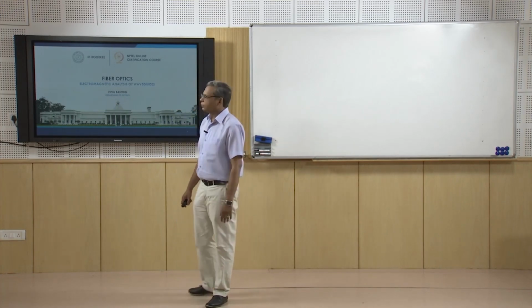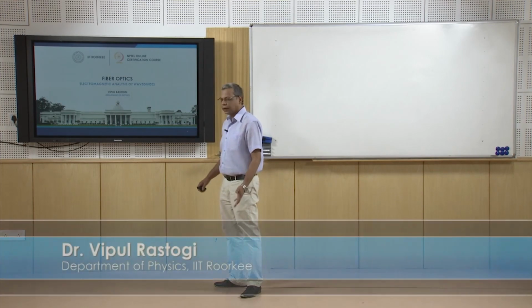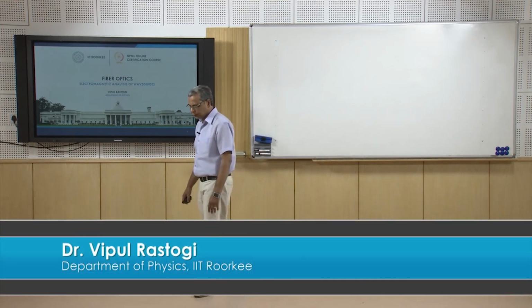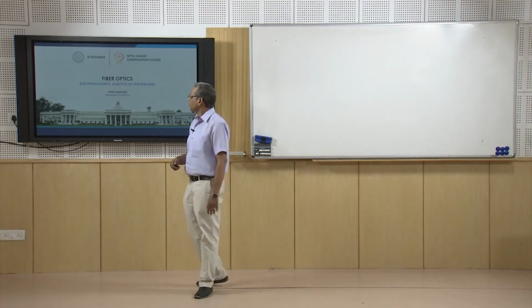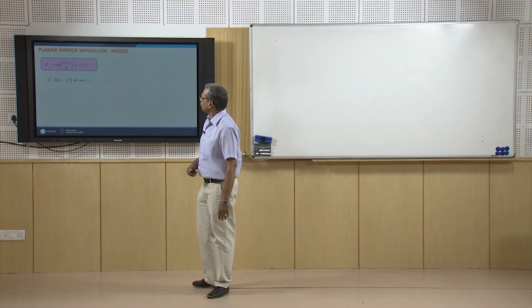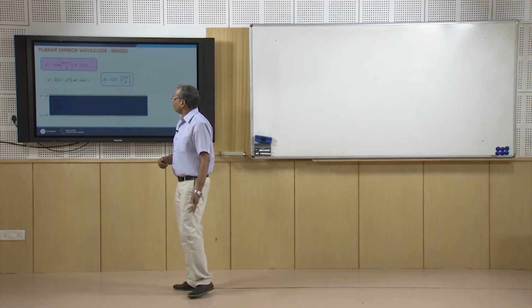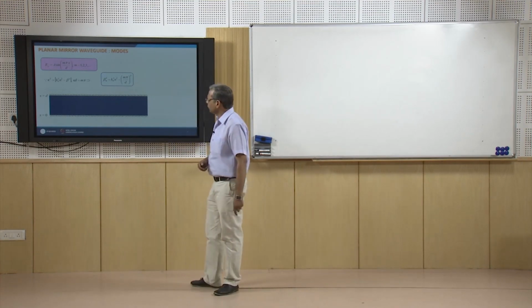So, in this lecture let me continue with the previous lecture where I was doing the analysis of planar mirror waveguide. What I was doing was to find out the modes of a planar mirror waveguide.